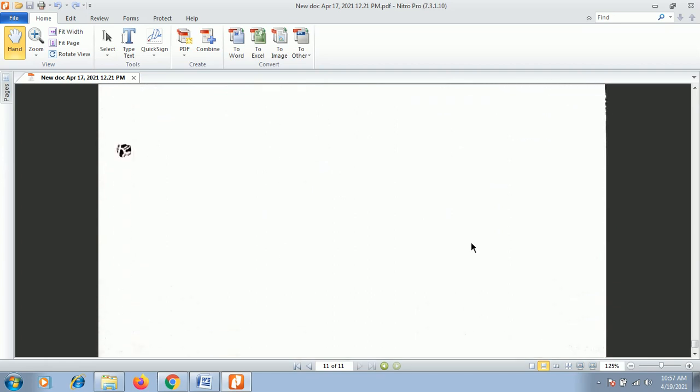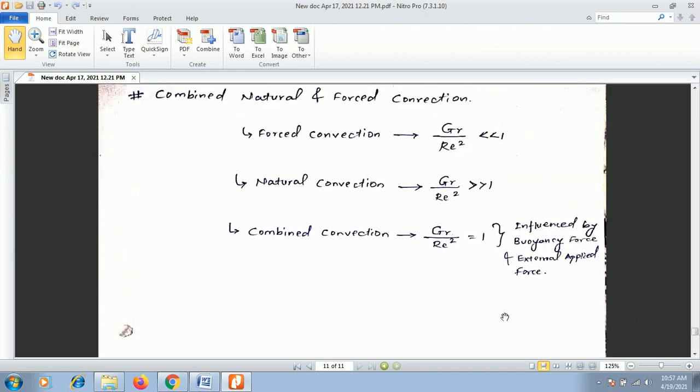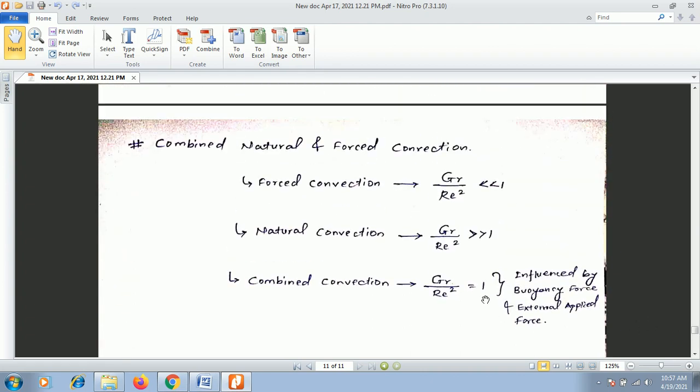So this completes your revision of unit number 4. The common terminology used in natural convection and forced convection is the mean film temperature and the characteristic length. As we have discussed earlier, the mean film temperature for an external flow is T surface plus T fluid divided by 2, and for internal flow it is the temperature at bulk inlet plus the temperature at bulk outlet divided by 2.